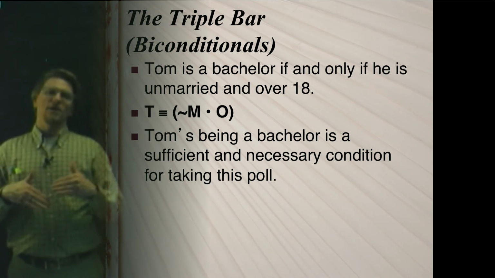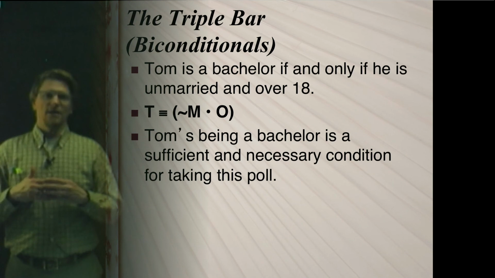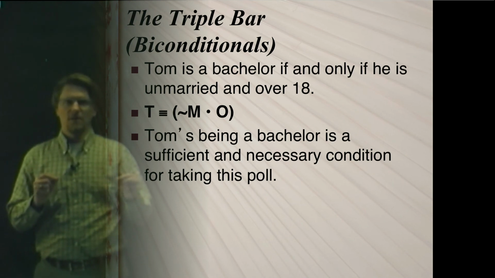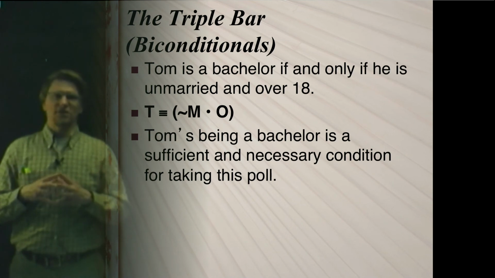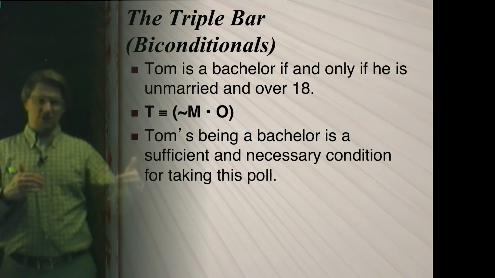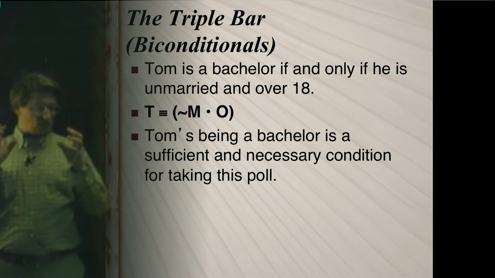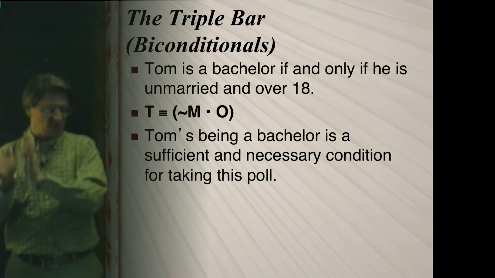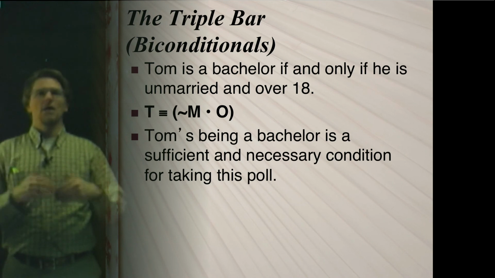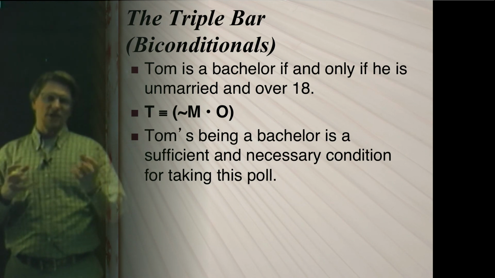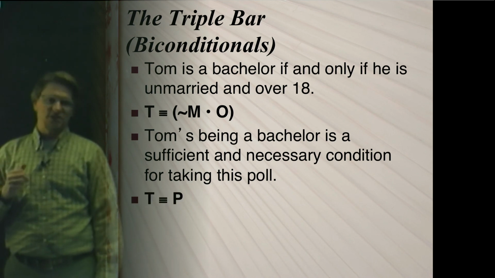There's one other thing that the triple bar can be used to translate, and that would be the phrase sufficient and necessary condition. So if I told you that Tom's being a bachelor is a sufficient and necessary condition for taking this poll, right? Well, if a sentence is talking about something being both, not just necessary, not just sufficient, but both necessary and sufficient, then we can take that entire phrase, necessary and sufficient, and replace it with a triple bar.